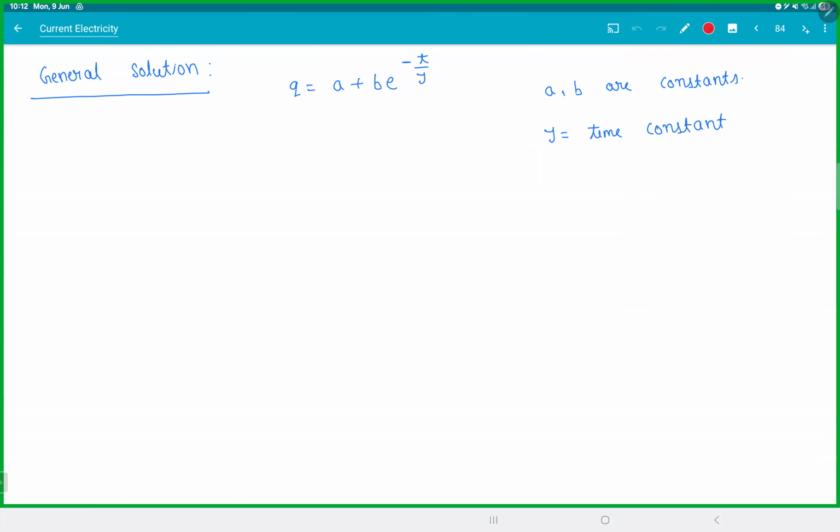Normally it is easy to use this for a single capacitor, but I think you can use it also for two capacitors. I'll show you a few cases. Let's see how that works. But this is your general solution.